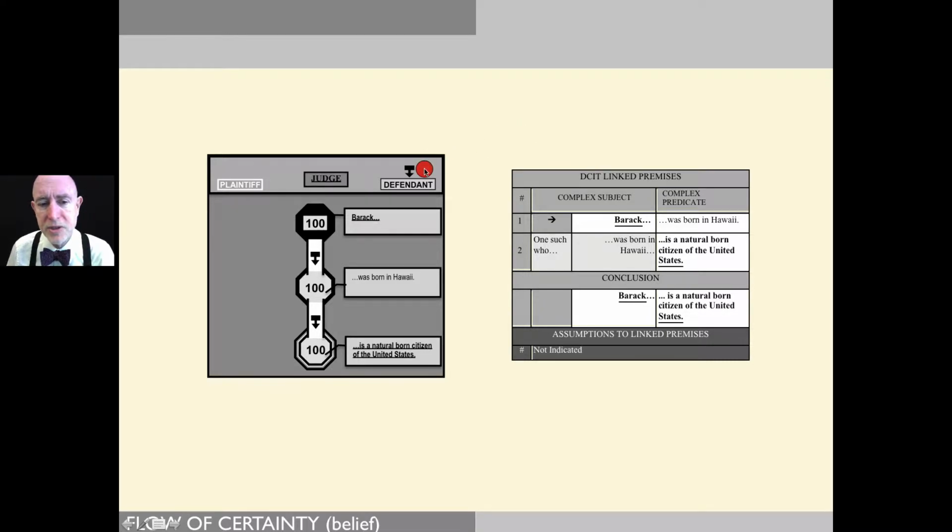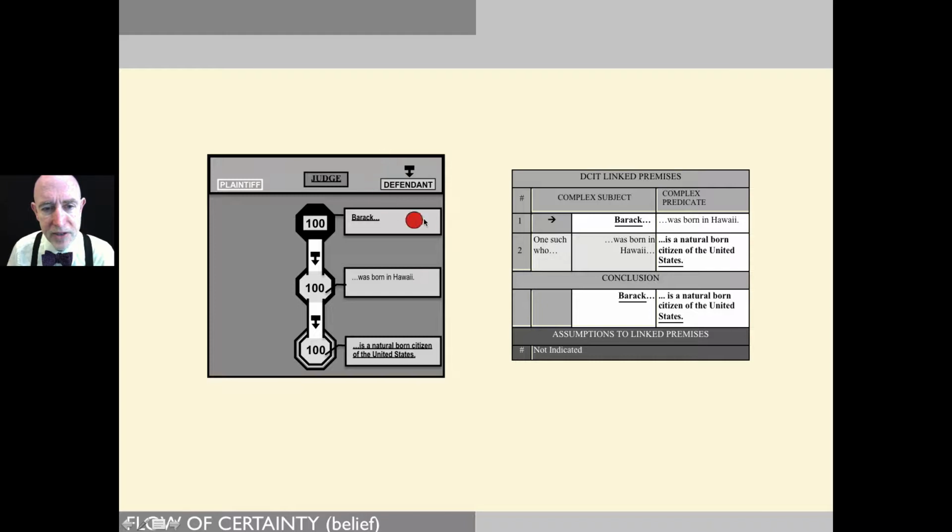So the defendant responds, well, I've got two premises, Your Honor, that support my conclusion. One, Barack was born in Hawaii. And two, one such who was born in Hawaii is a natural-born citizen of the United States. So Barack is a natural-born citizen of the United States.